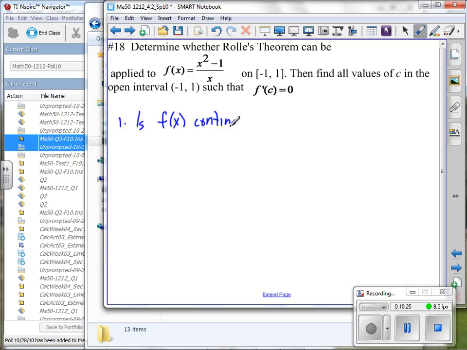Does it have to be continuous everywhere? Or where? What are you saying? Just on the interval. So what do you think? Is it continuous on the interval?